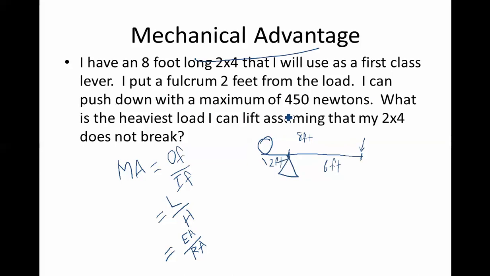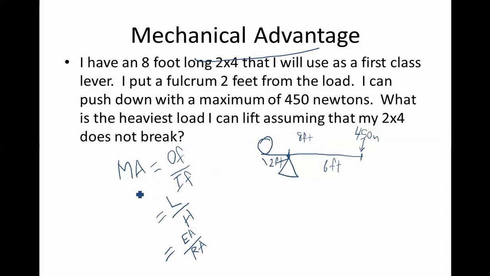I can push it down with a maximum of 450 newtons. Let's say I weigh 450 newtons and I put all my weight pushing down on it right there. What is the heaviest load I can lift, assuming that my 2x4 doesn't break? So it's basically asking, what's the biggest load that I can put right here?